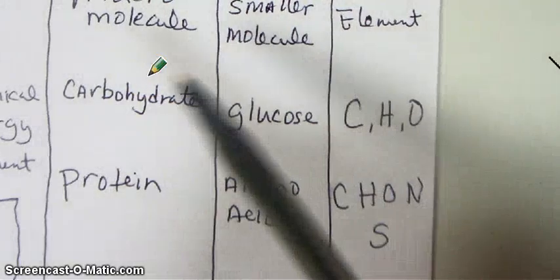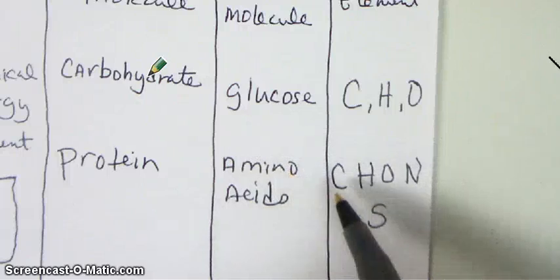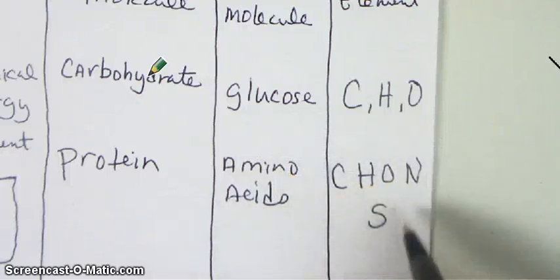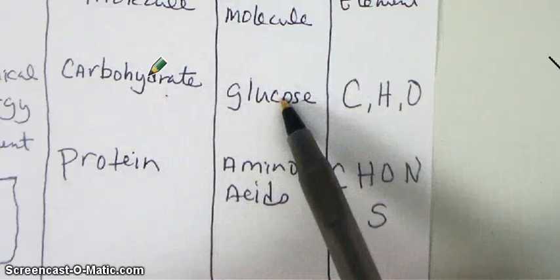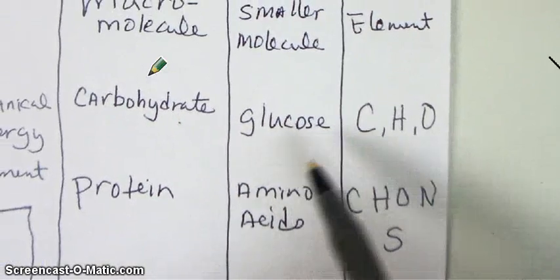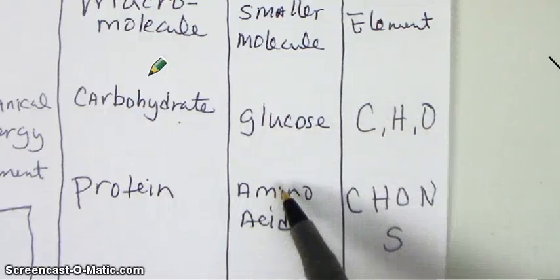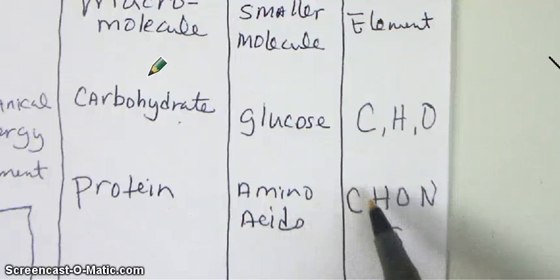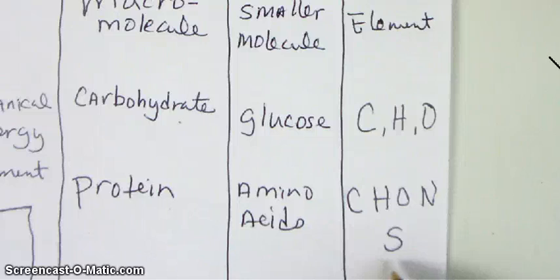A protein has amino acids, CHONS. So the carbohydrate's smaller molecule is glucose. It's made up of carbon, hydrogen, and oxygen. Protein is made up of amino acids. It's made up of CHONS: carbon, hydrogen, oxygen, nitrogen, and sometimes sulfur.